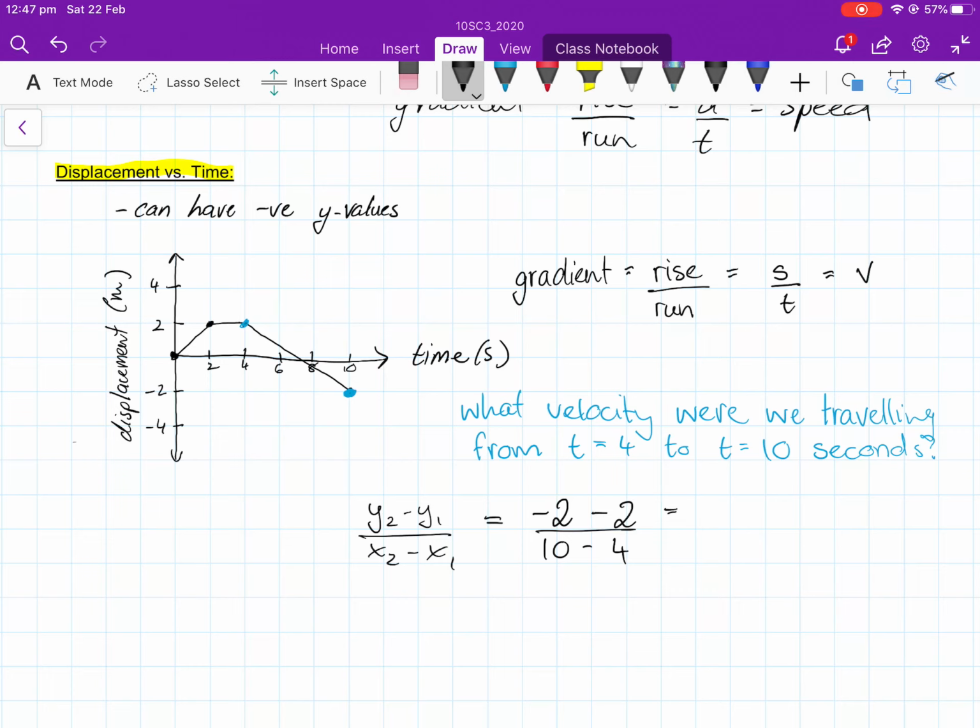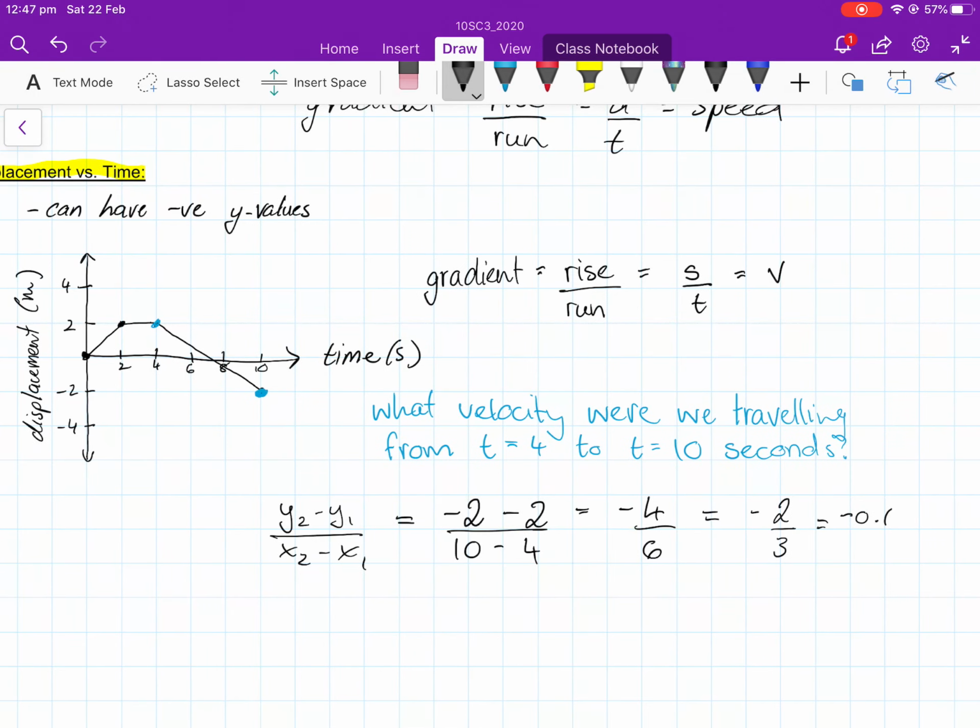So we're going to end up with -4 on 6, which is going to give us a velocity of -2/3, or negative 0.67 meters per second. So the negative there is telling us we're going backwards.